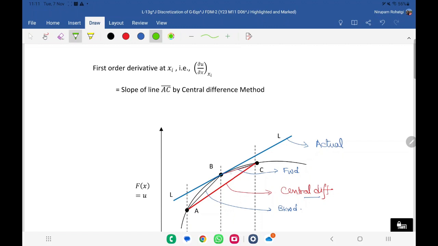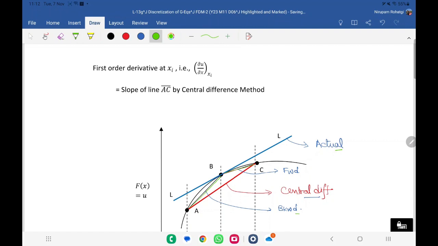Okay, and this was the forward difference, and they were almost equal but not exactly equal. If we go for backward difference, this was the slope which we get from the equation, and this is the actual slope, and they are nearly equal.